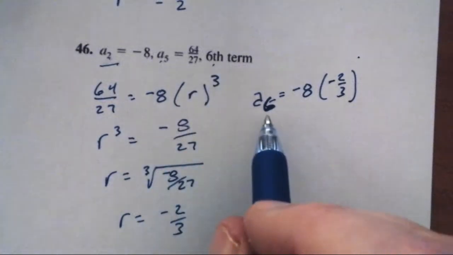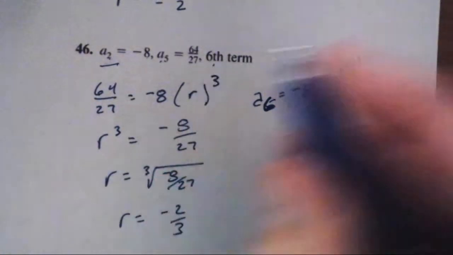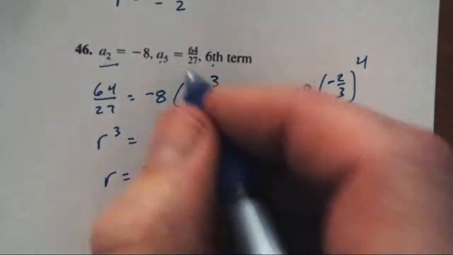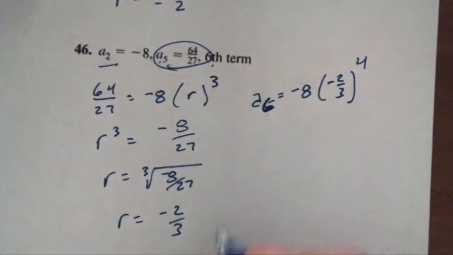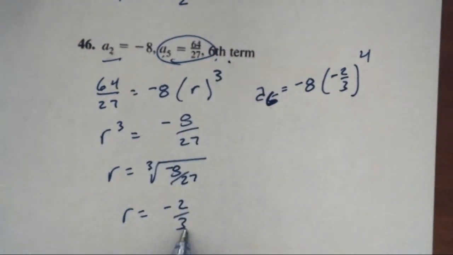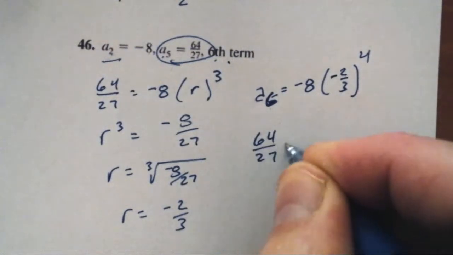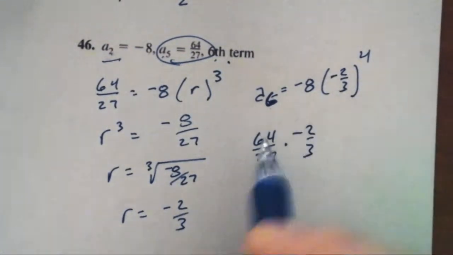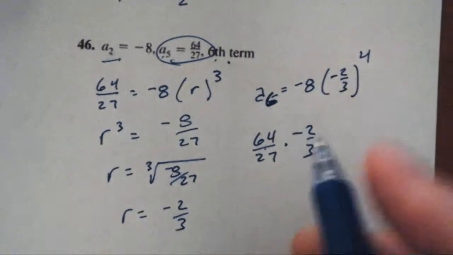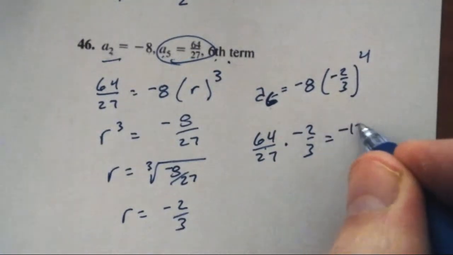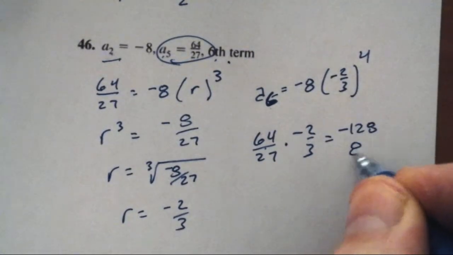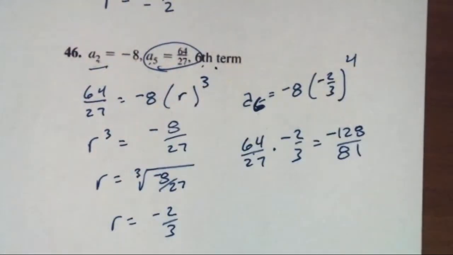We already did this. How many steps from the 2nd to the 6th? 4. We could do that. But we've got the 5th term, and we're only one term away. So I'm just going to say our solution is 64/27 times -2/3. 5th term, multiply by -2/3, get the 6th. -128 on 81.